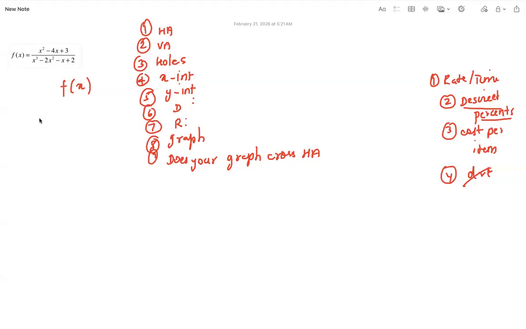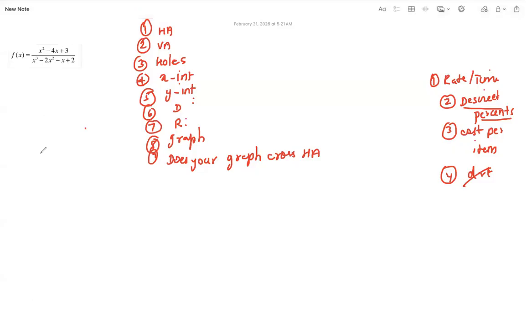Rishit, can you check on the range alone? Okay, wait, give me a minute. You take your time. So now let me go over this problem completely. Did you factorize this, Anisha? Yes, I factored the top and the bottom.